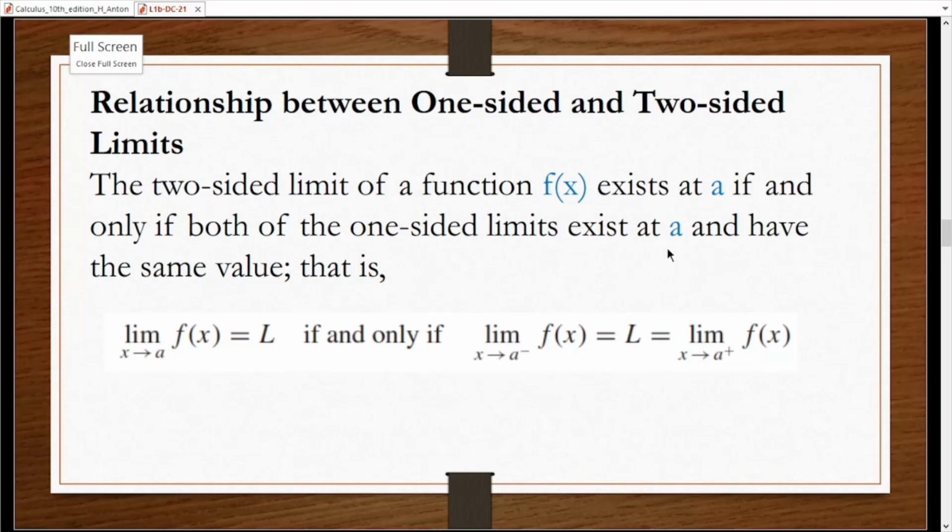So, nag-i-exist lang daw yung limit ng function natin kung yung one-sided limits natin is nag-i-exist din both dun sa a positive and a negative and have the same value. So, dapat, kapag in-evaluate natin yung a negative and then a positive, dapat iisa lang yung ibibigay niyang answer.